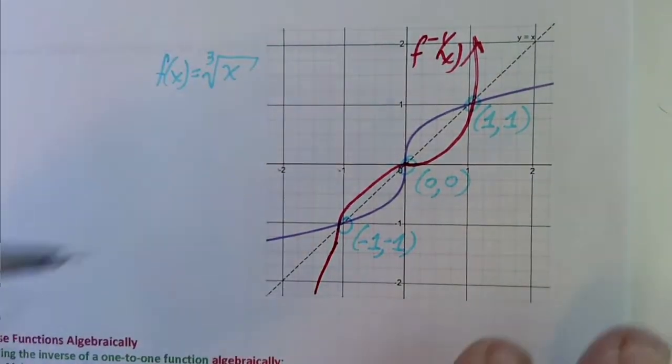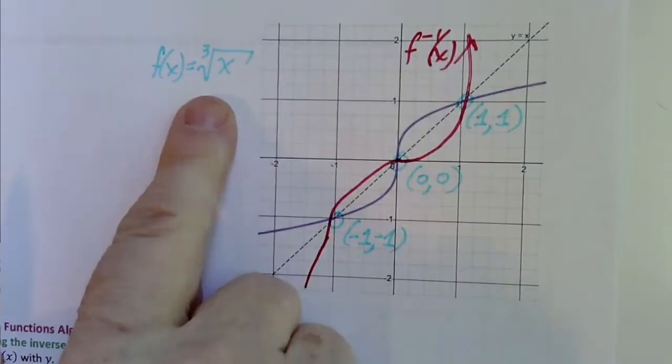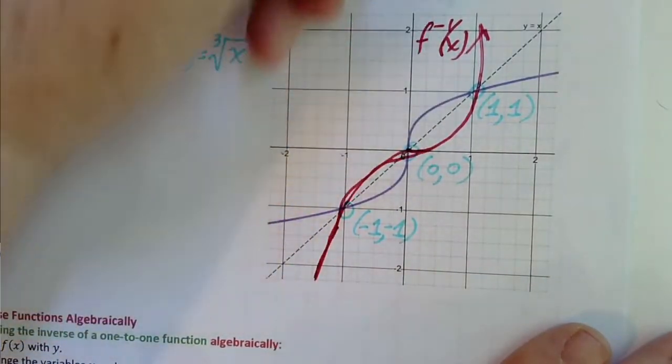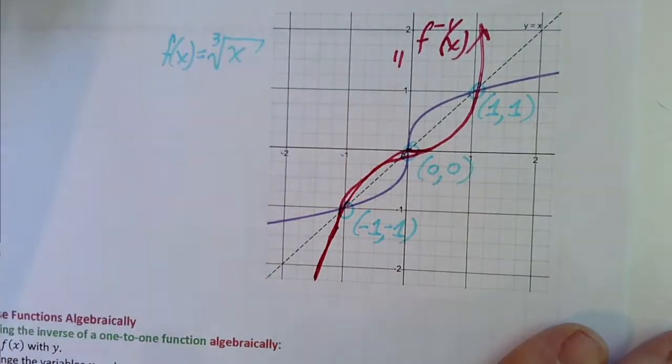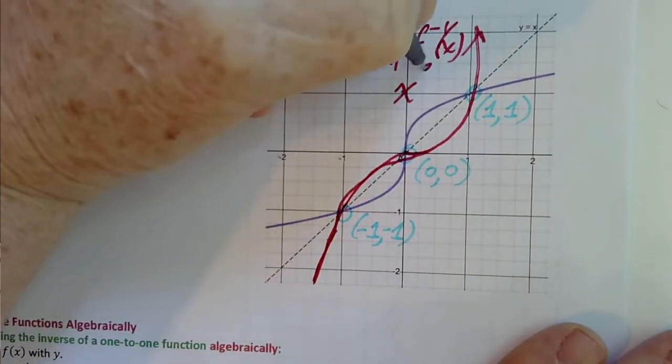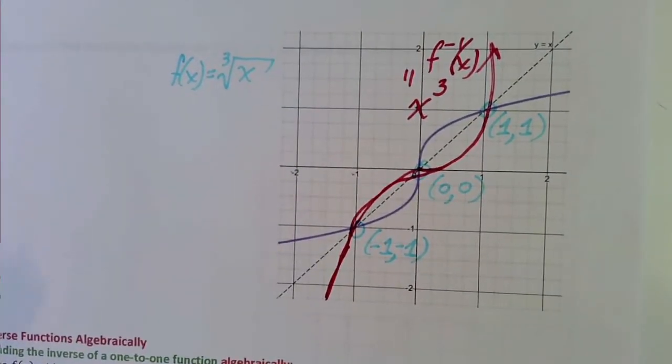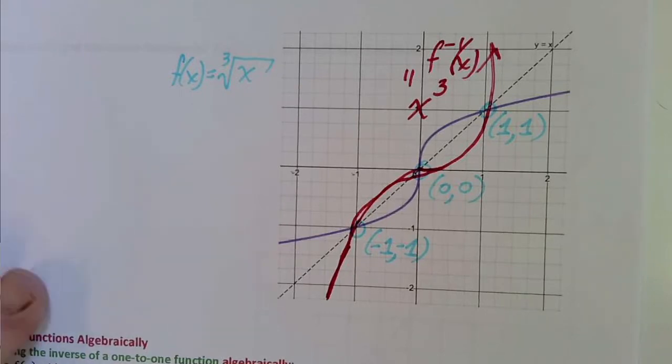So say I didn't know anything about what the inverse of cube root was, I can at least draw its graph. And we do know what the inverse of cube root is. It's cubing. But the idea is that we can start with a graph, switch the order of all of the coordinates, and get an idea of what the inverse looks like, even when we don't really know its name.